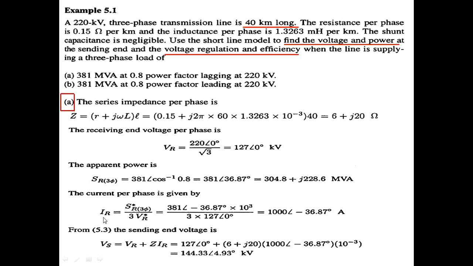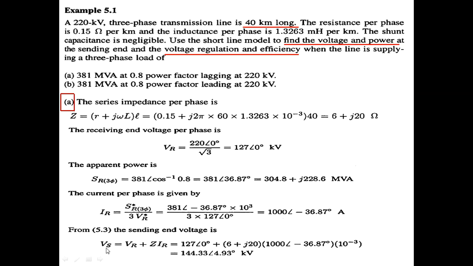The receiving end current, as explained in the previous part, can be calculated using this formula, and it is found to be 1000 with angle minus 36.87 degrees. It is lagging the voltage by 36.87.